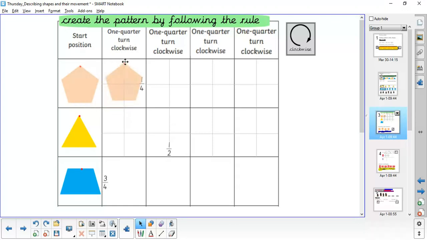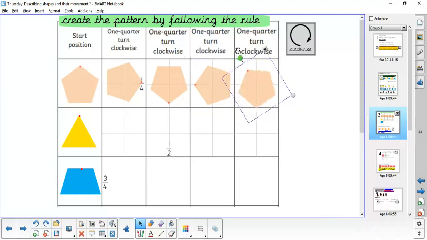So I've got it here, I turn 1/4 turn clockwise. From there, I turn another quarter turn clockwise. Following on from that one, another quarter turn clockwise. And lastly, a final quarter turn clockwise. And you'll see that our pattern has started again. There it is.